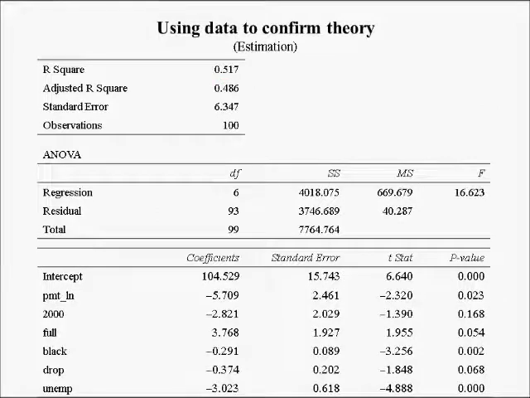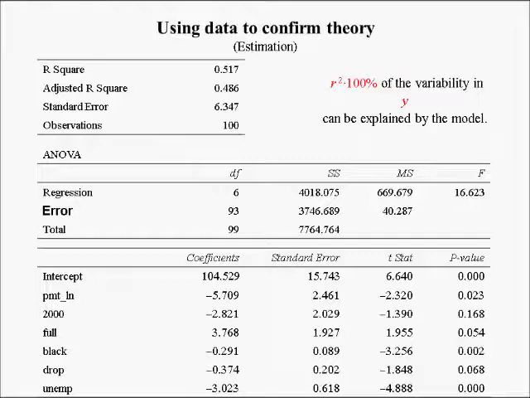Now in this regression, we've included 5 more right-hand side variables: the dummy variable for the year 2000, the dummy variable for the full sanction policy, the share of the black population, the share that is a high school dropout, and the state's unemployment rate. Like I said before, I change the word residual to error, and then we want to interpret the adjusted R square.